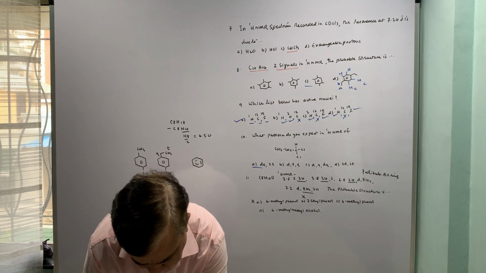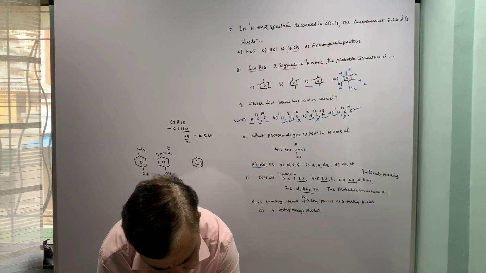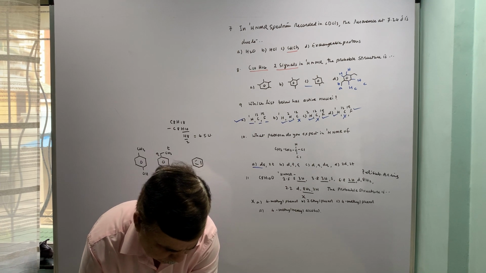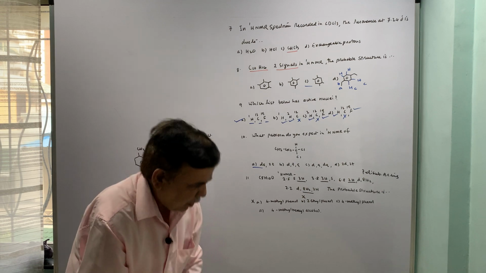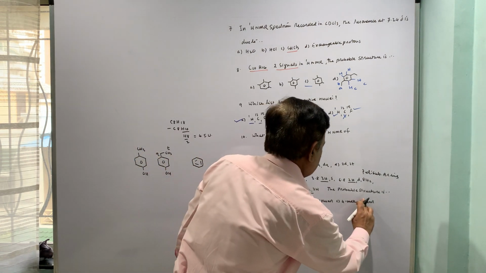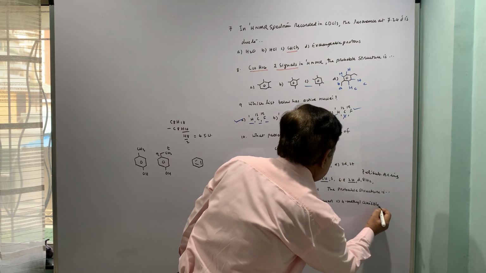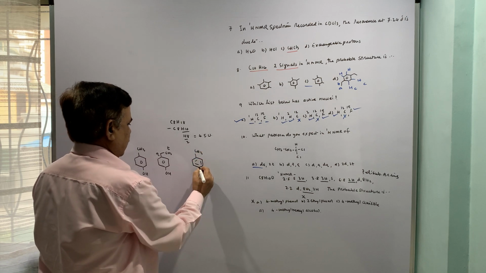Let me check. Methyl anisole, sorry, this is anisole because it cannot be phenol once again. So 4-methyl is here, this is anisole.